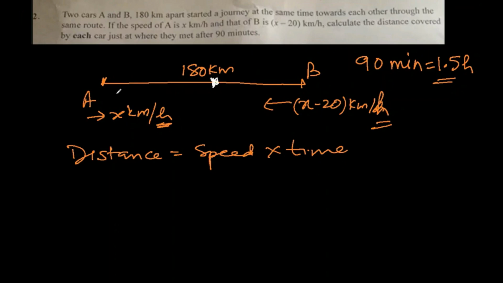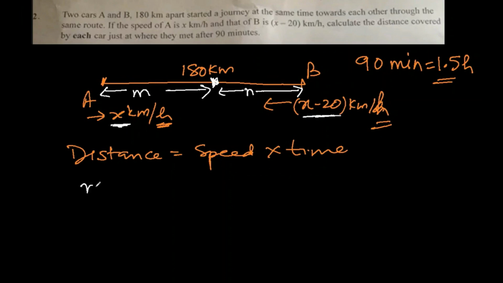Let's assume this distance covered by A is m kilometers, and this distance covered by B is n kilometers. I gave more distance to A because it is faster. B is 20 kilometers per hour slower, so I gave more distance to m.